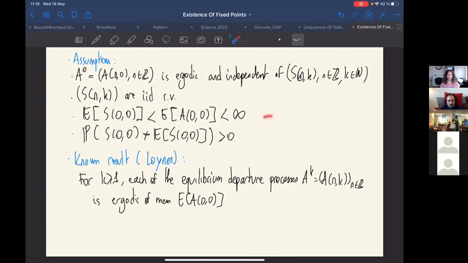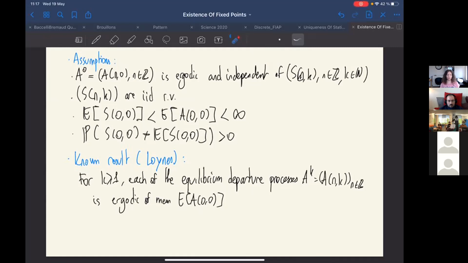This hypothesis is needed in order for the queue to be stable. I'll come back to that later. And in order to not have a trivial case, you assume that the service times are not constant equal to their mean, so it's not a constant random variable in some sense.